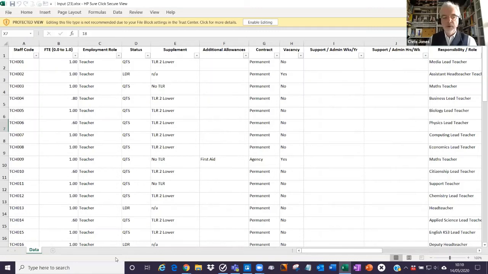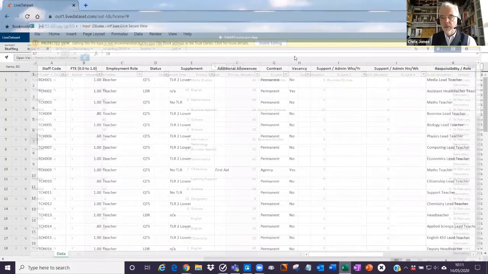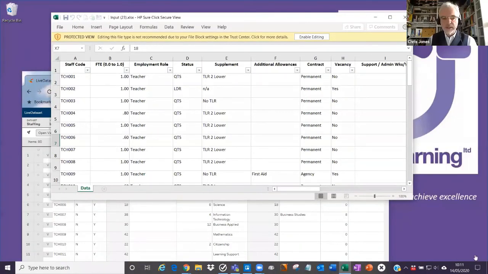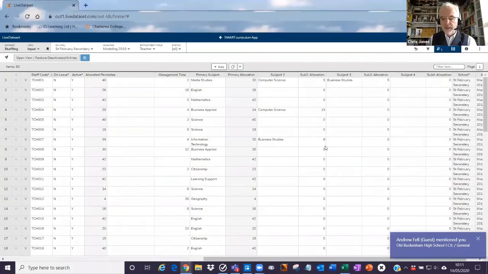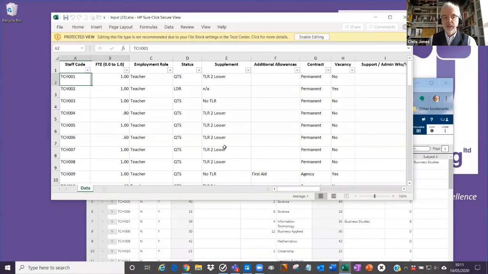So provided that the table you can see there, as long as the format of this table is exactly the same as that table, I can cut and paste any element of it and paste it over.